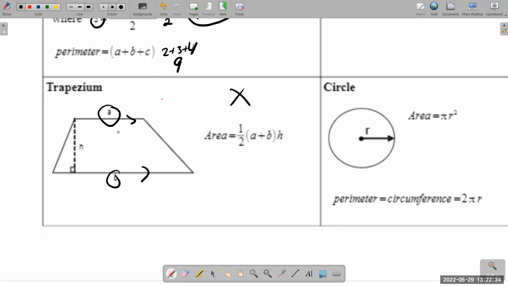So you add them, you half it, and the answer you multiply by H, okay? H is always the perpendicular height. Please remember, if they put 3 here, 3 is not the height. If they put 4 over here, 4 is not the height. You realize it's slanting. The height is the perpendicular distance, which is represented by a 90 degrees.